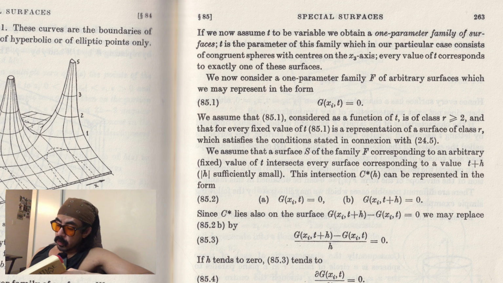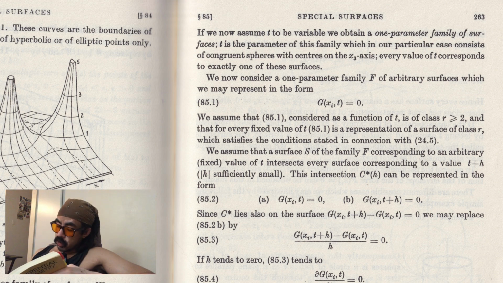We assume that a surface S of the family F corresponding to an arbitrary fixed value of t intersects every surface corresponding to a value t + h where the magnitude of h is sufficiently small. This intersection C*(h) can be represented in the form, first A, G(x_i, t) = 0, and second B, G(x_i, t + h) = 0.